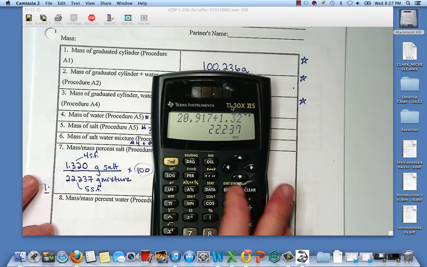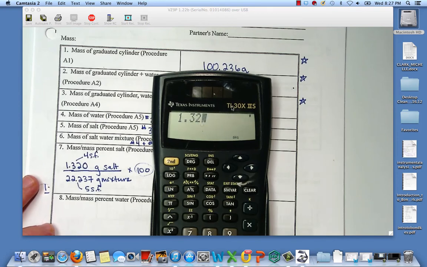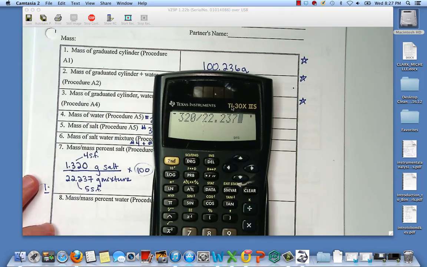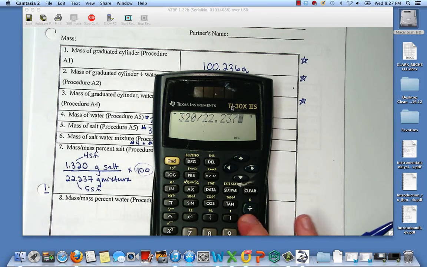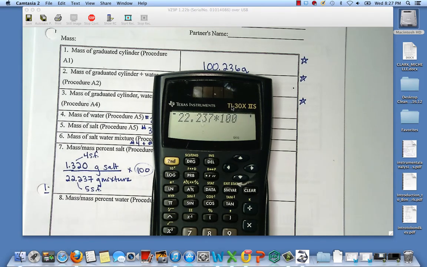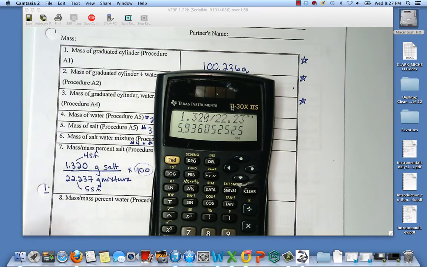Good. So 1.320 divided by 22.237. You can enter this all in one step, or you can do it stepwise in your calculator. I'll do it all in one step, but you would get the same answer.